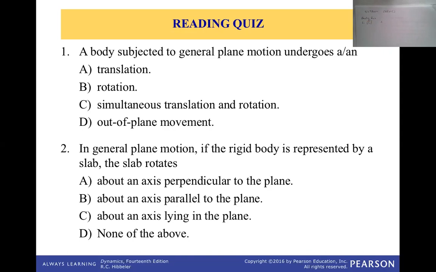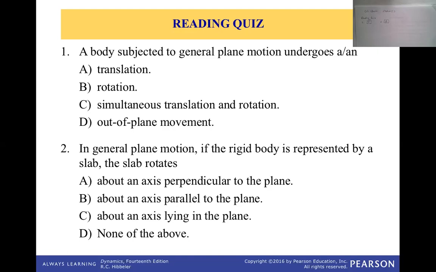It says if the body is represented by a thin slab, the slab translates in the plane of the slab and rotates about an axis perpendicular to this plane. So the answer to the second quiz will be A. It's very easy to earn this extra credit if you have done the reading assignment. Those are the answers to 1 and 2.